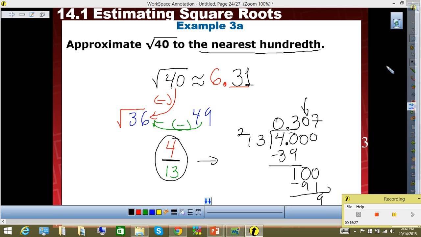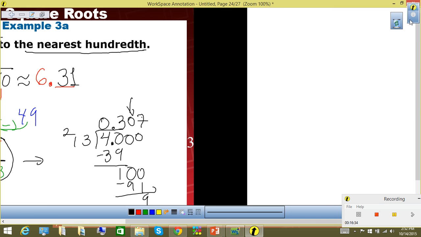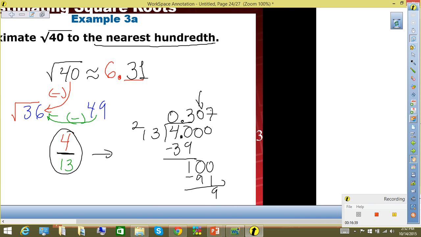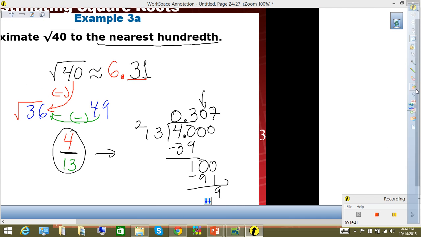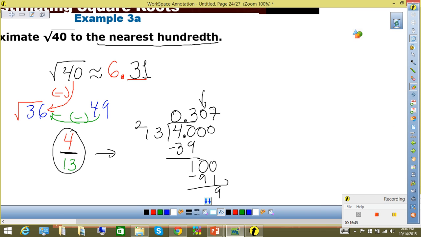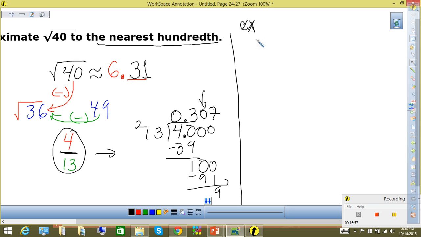As you finish copying that one, let me give you one more for you to do by yourself. I'm going to leave that one up there so you can have it as an example. What example was that one, 2?